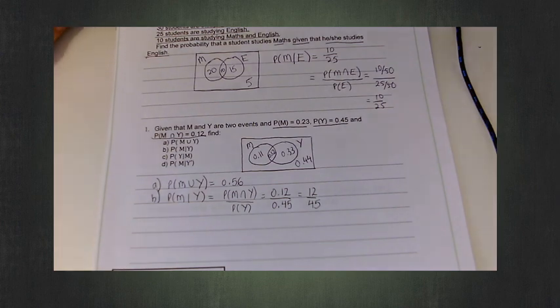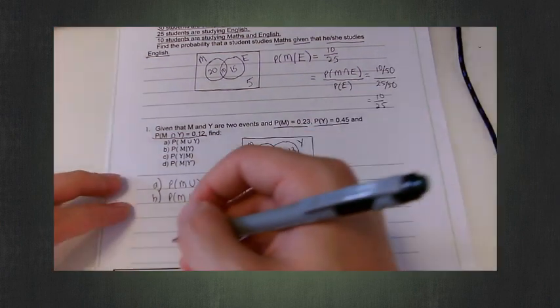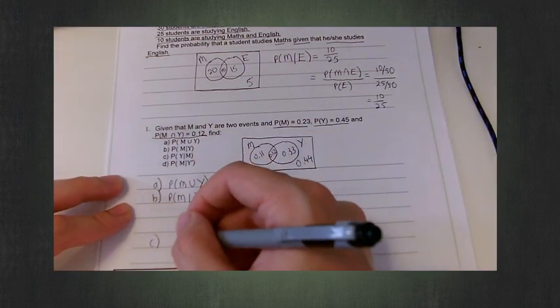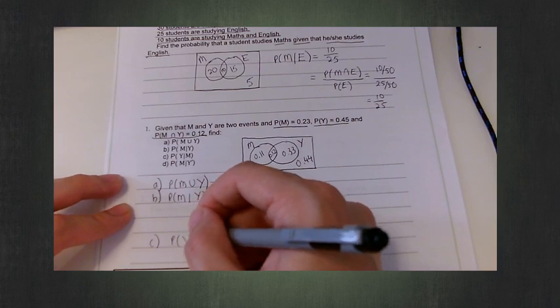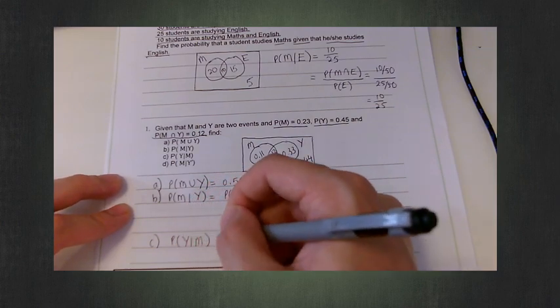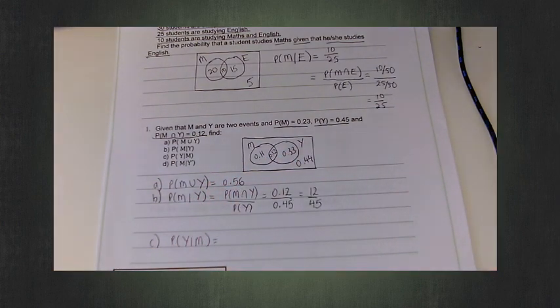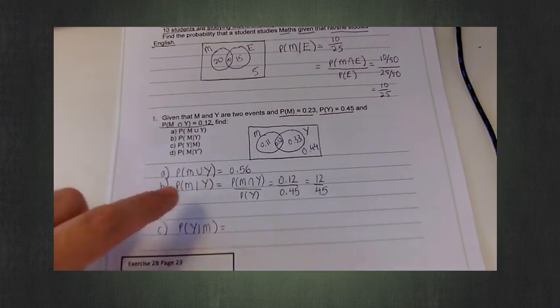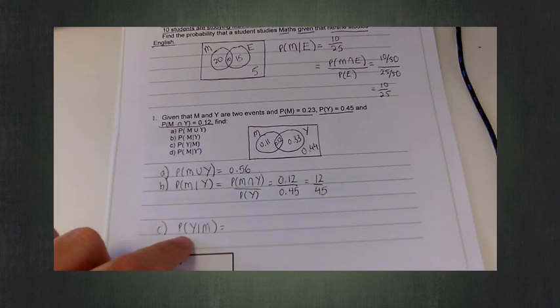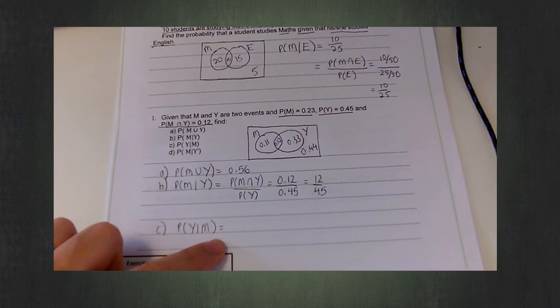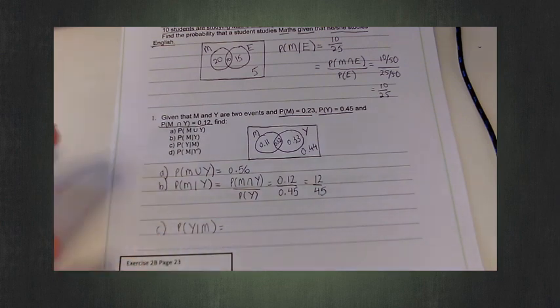Now we've got the last two questions, which look a little bit funny, but if you just break it down slowly, it's not too difficult. So we've got here, what's the probability of Y given M has already occurred? If you look at the previous question, we had probability of M given Y has occurred. Now we've got probability of Y given M's occurred. But we can still use the formula.